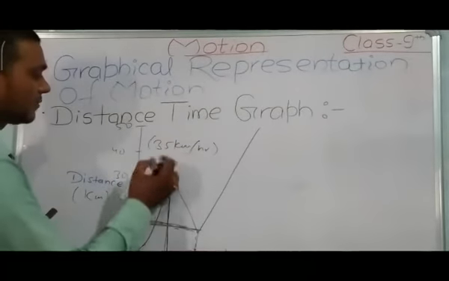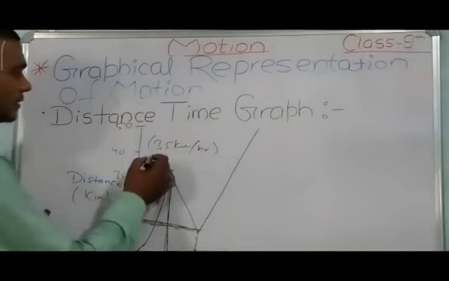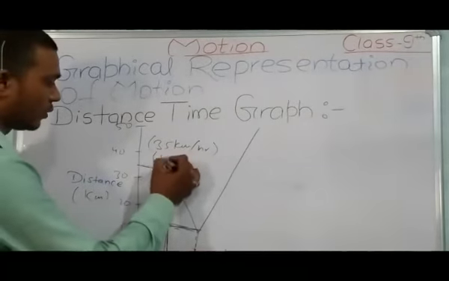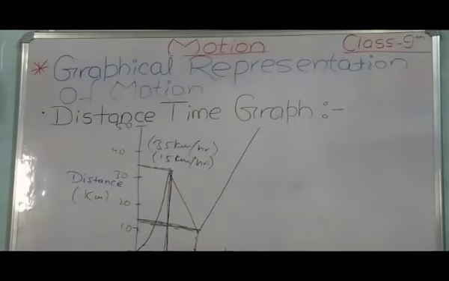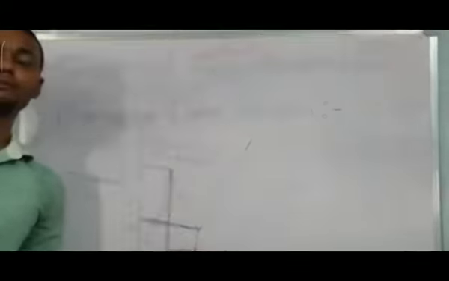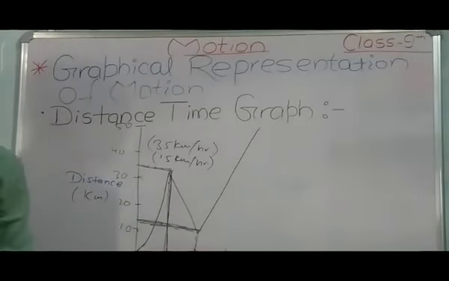In the next interval it reduces from 35 to only 15 kilometer per hour. So this shows an object is in non-uniform motion. So this distance-time graph for motion shows both uniform and non-uniform motion of an object.